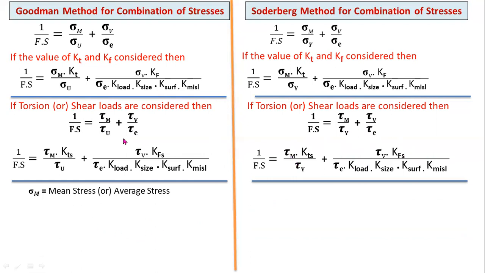Here sigma m is the mean stress or average stress, sigma v is the variable stress or fluctuating stress, tau m is the mean shear stress, and tau v is the variable shear stress. Here I am showing the formulas for mean and variable stresses. For tensile or compressive loads, P max is the maximum load and P minimum is the minimum load.